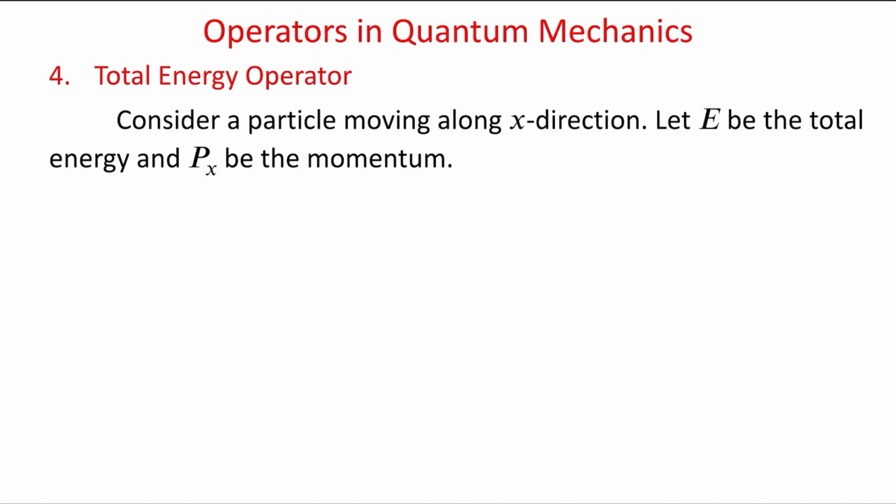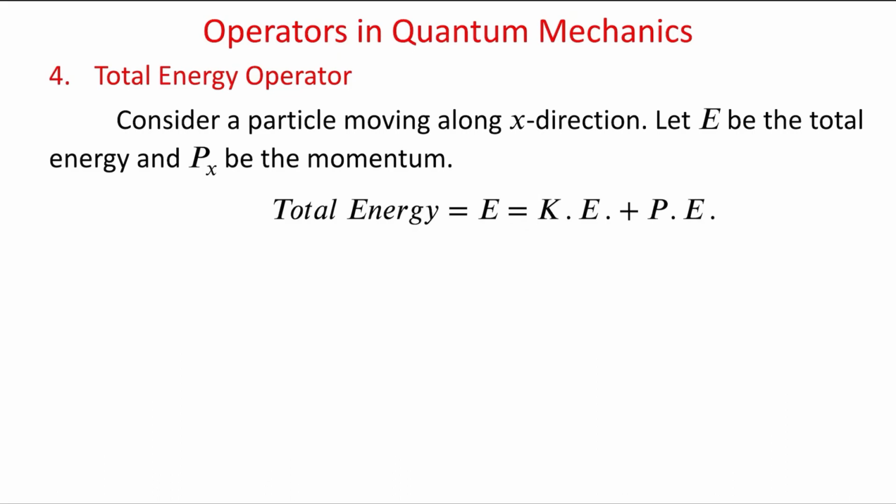So, total energy operator. Consider a particle which is moving along the x direction, along the x axis. Let capital E be its total energy and px be the x component of momentum for that particle.